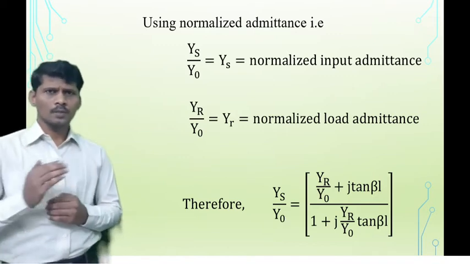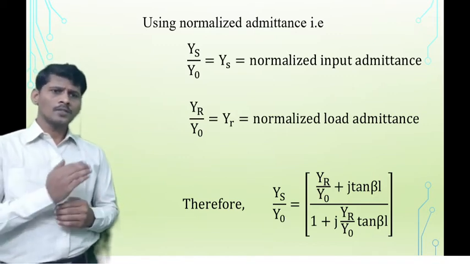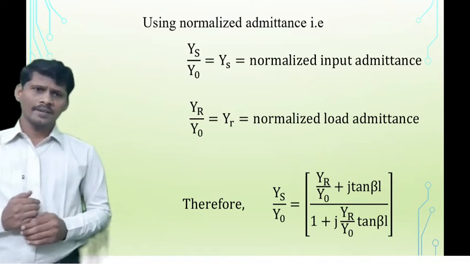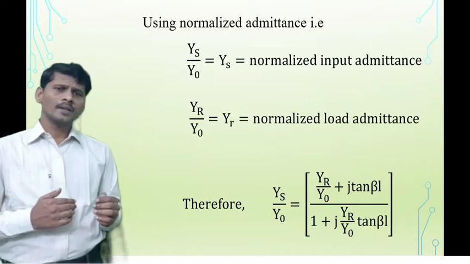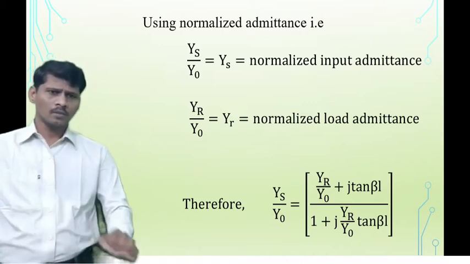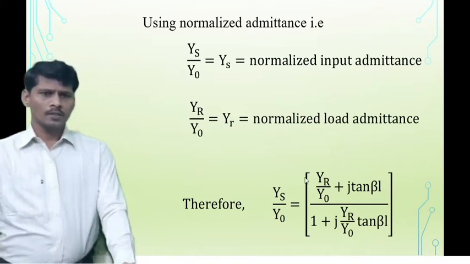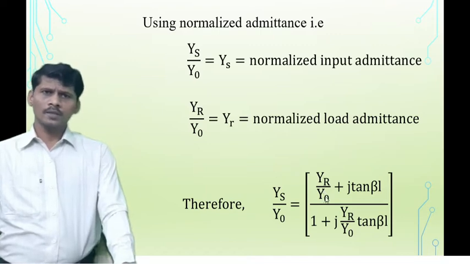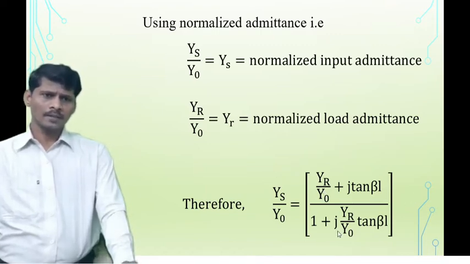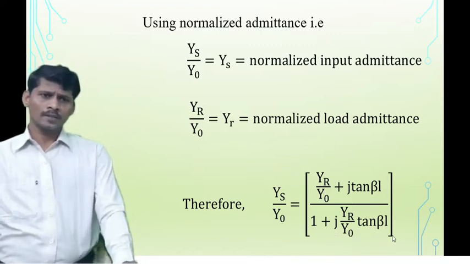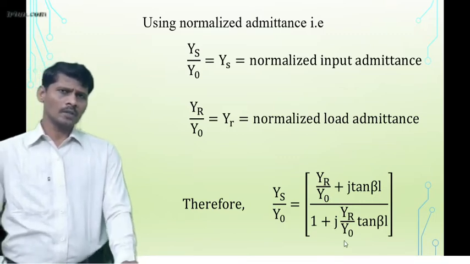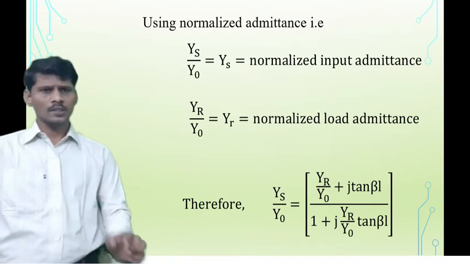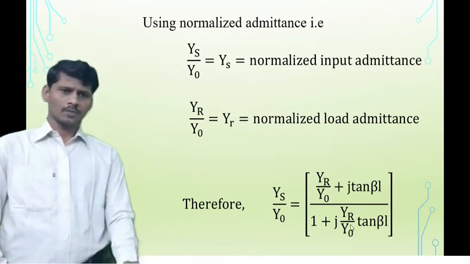We get Ys by Y0 is equal to (Yr plus j Y0 tan beta l) by (Y0 plus j Yr tan beta l) on the RHS side. Taking the common Y0, we get Ys by Y0 is equal to Y0 times (Yr by Y0 plus j tan beta l) by Y0 times (1 plus j Yr by Y0 tan beta l). Now in the numerator and denominator, taking the common Y0, that Y0 is cancelled. So we get this resultant expression.